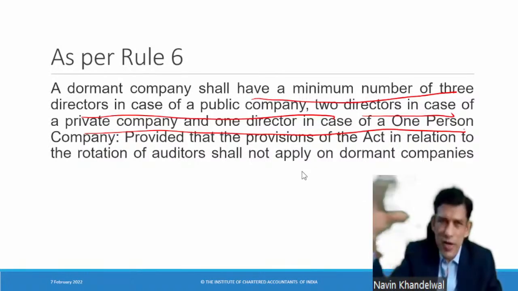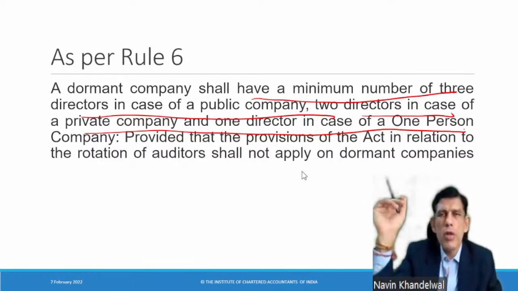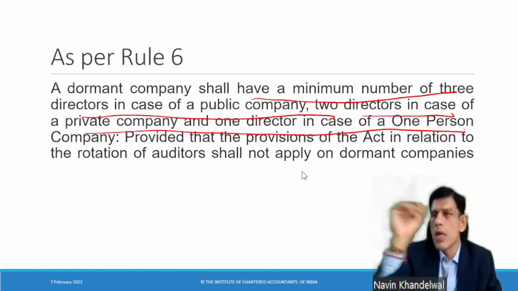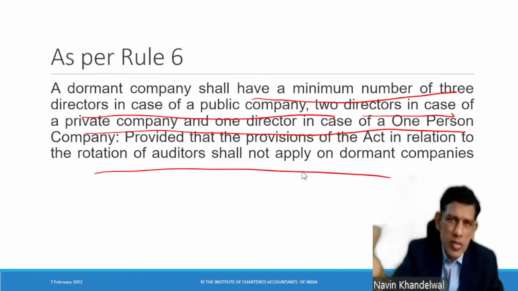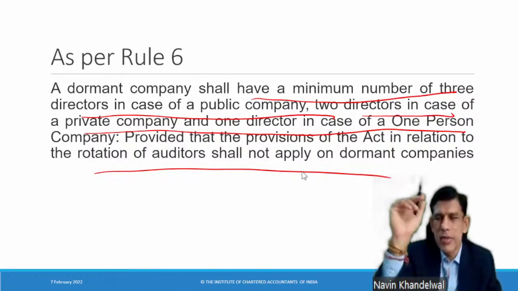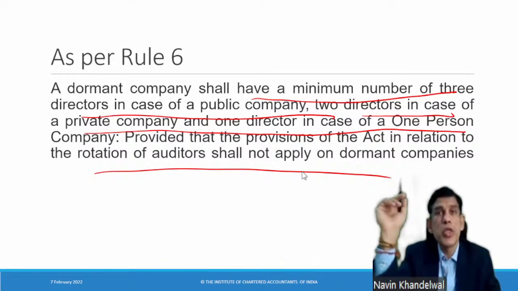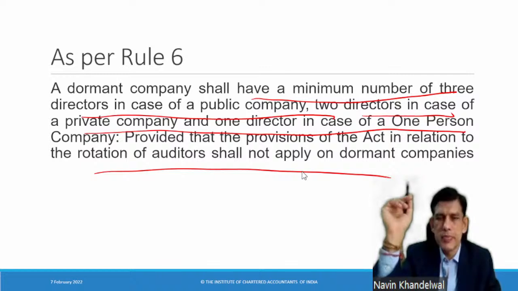There's not much of a difference for the normal company and the dormant company status, except to the extent that the rotation of auditors may not apply on such dormant companies. That is fine. So that's the only flexibility which has been given for maintaining the status of the dormant company, friends.